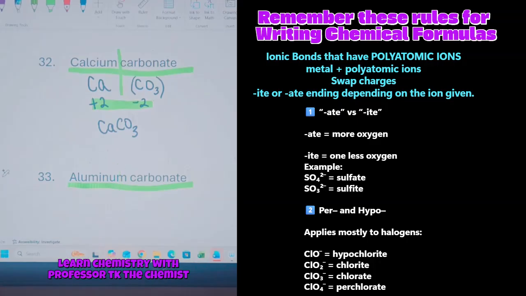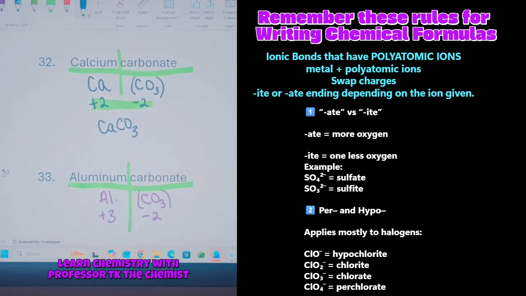So here's the deal right here. I'm going to still draw my line down the middle, okay? Aluminum is going to be Al with a +3 charge. Carbonate is CO3, still with that -2 charge, right? They're going to still swap.